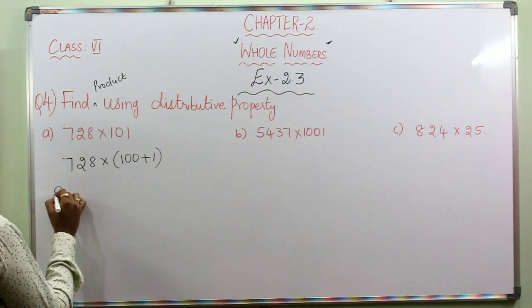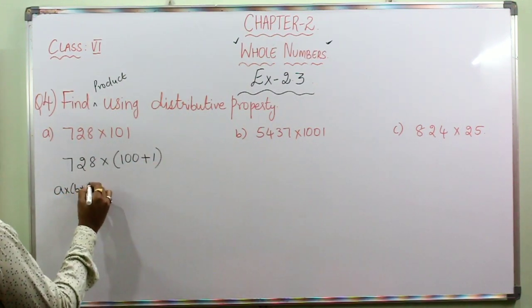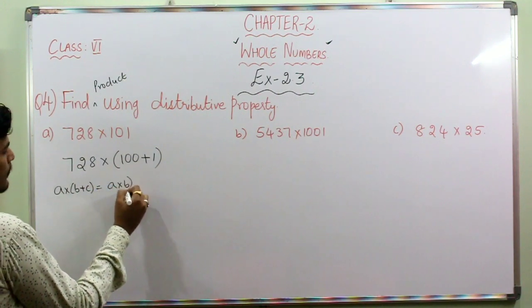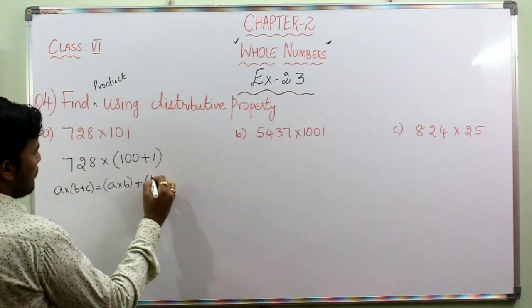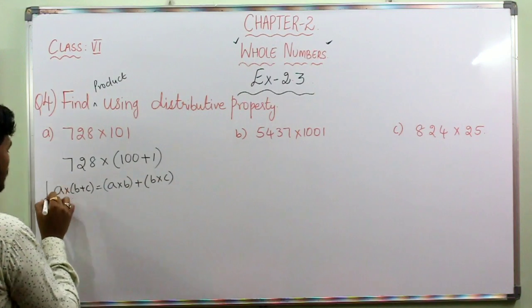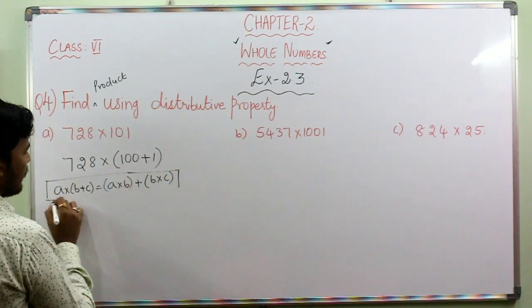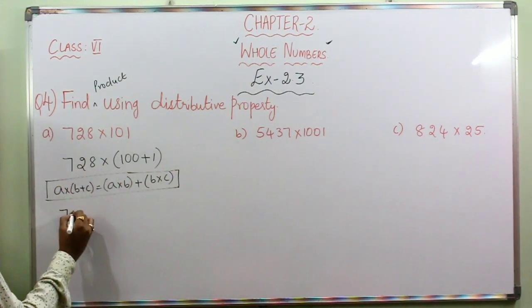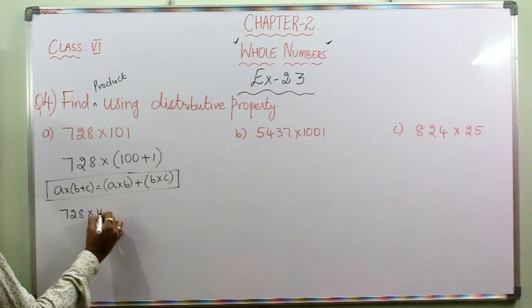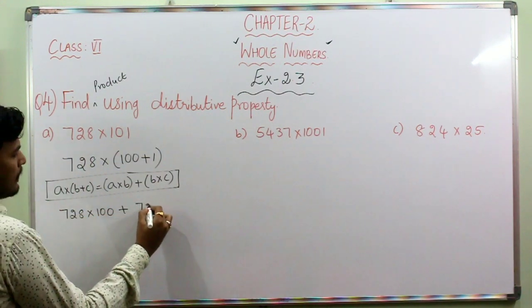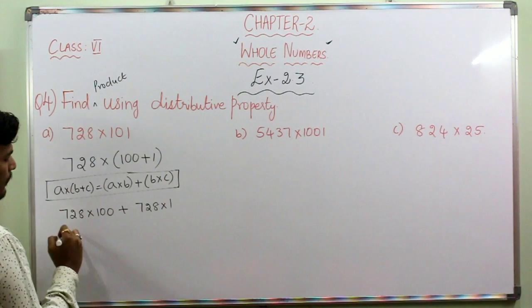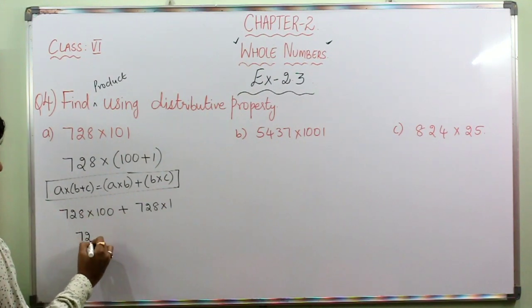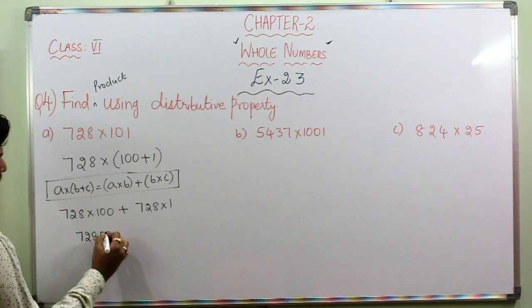Now I have A into (B plus C) is equal to A into B plus A into C. So this is known as the distributive property of whole numbers. So that is 728 into 100 plus 728 into 1. Then this will become 728, two zeros will be added.